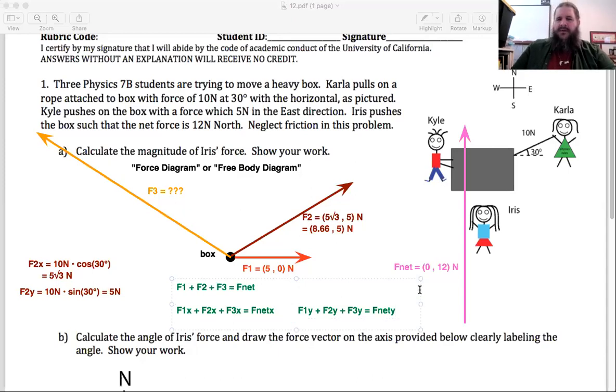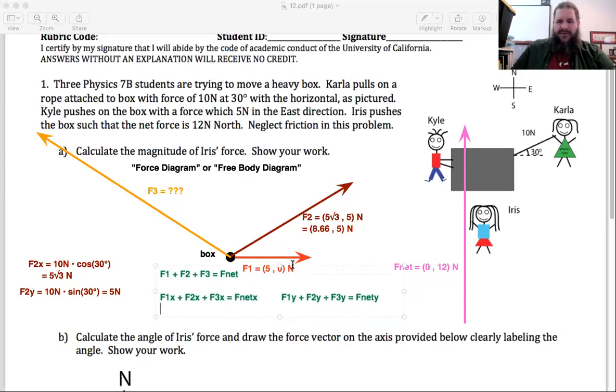So any vector equation, in a two-dimensional world, is really two equations. In a three-dimensional world, it's really three equations. But if we take a look at just the x components, F1x is 5, F2x is 8.66, F3x is unknown, but we know they have to add up to 0 from F net x. And then you can solve for F3x. What's that going to have to be?